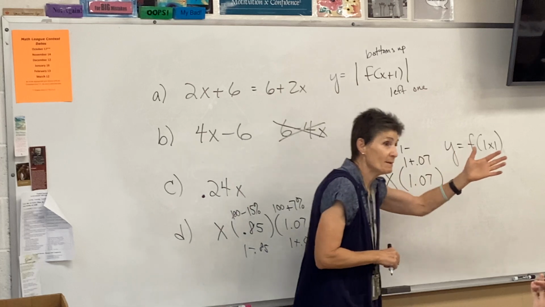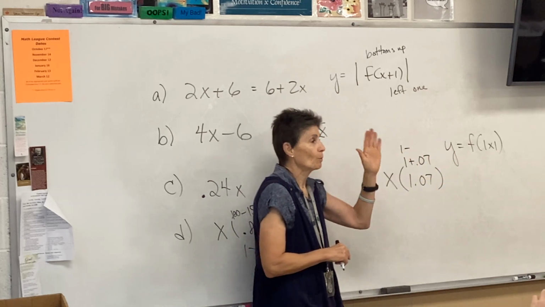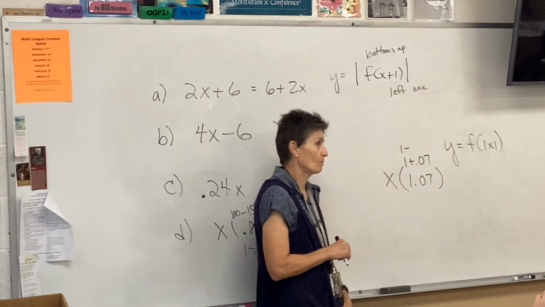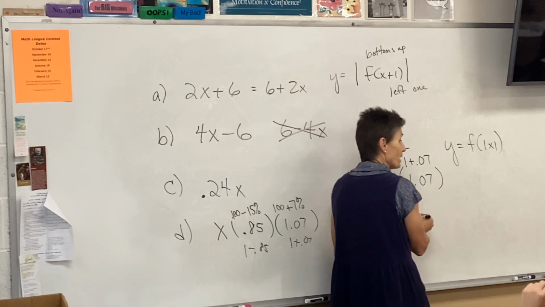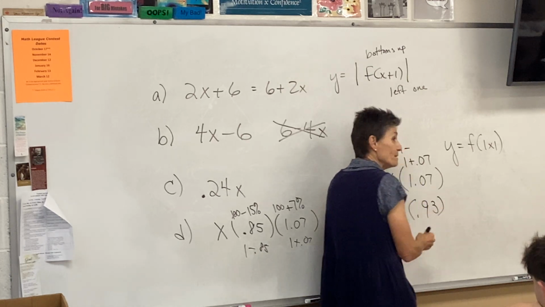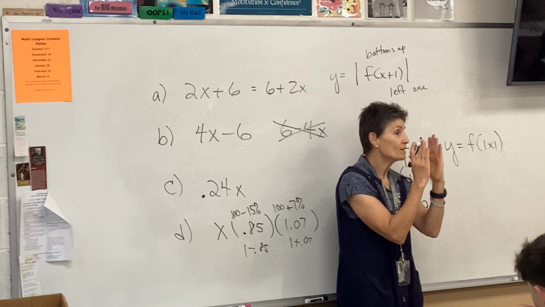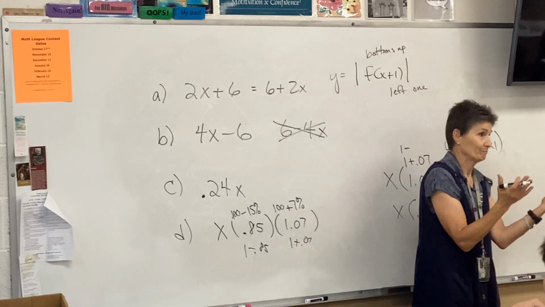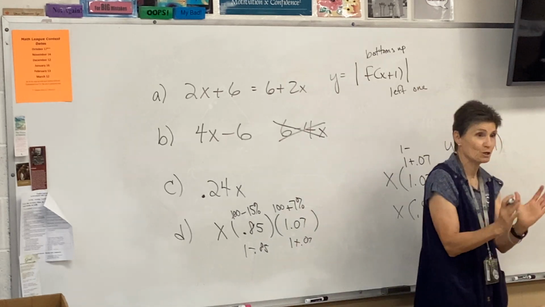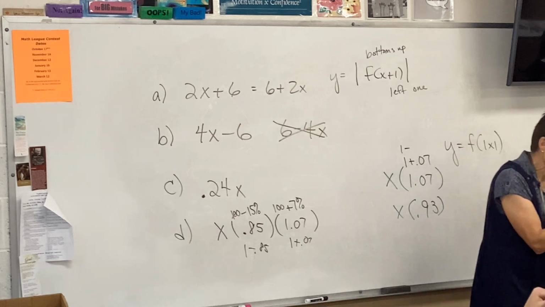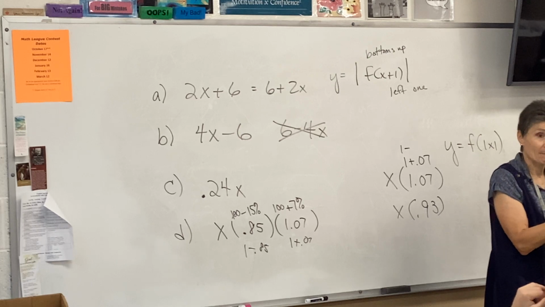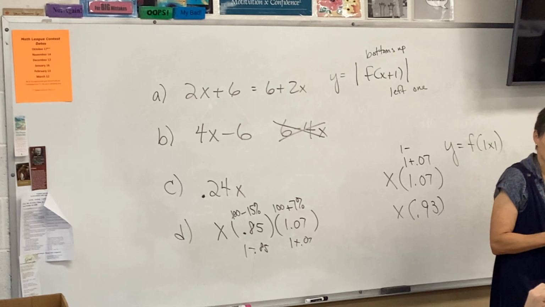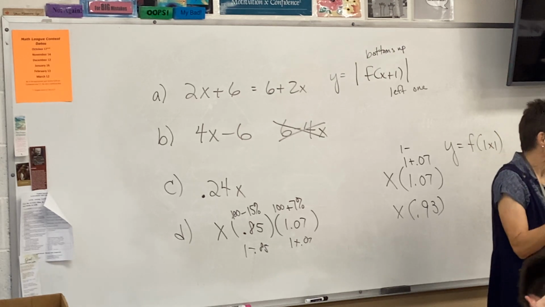Now, what if she came in and said, Lisa, you're doing terrible, we're going to take away 7% of your salary? Then what would I multiply by? 0.93, because remember, when you are adjusting a price, or my salary, whatever you're adjusting, you never multiply by the actual percent. You multiply by 1 plus it, if it's going up, or 1 minus it.